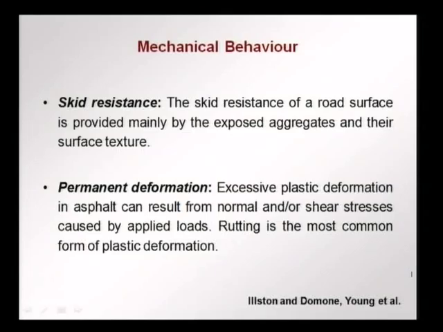Rutting is the most common form of plastic deformation. Rutting is where you have a ditch formed along the direction of traffic where the tires normally go, and this ditch becomes deeper and deeper, and some of the asphalt is piled on to the sides of the ditch. That is called rutting. I will show you a picture in a few minutes.